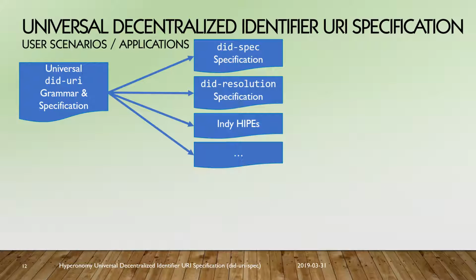And that parser then will be applied to all of these corresponding application areas. A reference did resolver. In the Indy Agent framework, wherever dids are used or being referenced. Feature discovery, for example. More specifically, other aspects of the Indy agent-to-agent communications protocol, and on and on.